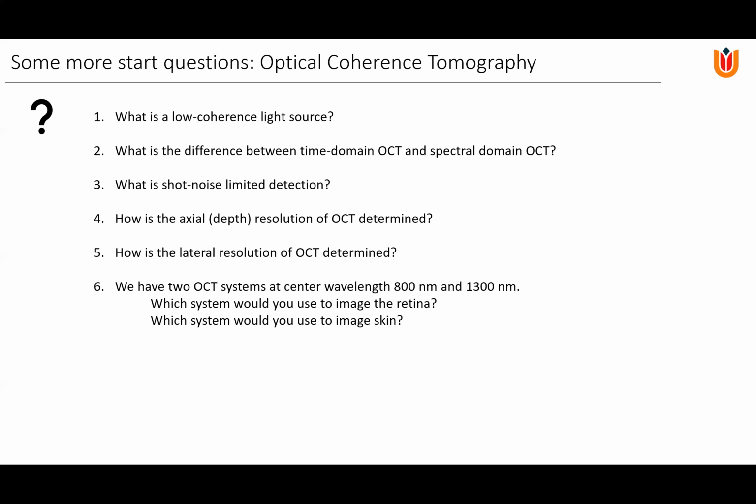So what do you know about microscopy? Do you know how the resolution of a microscope is determined?